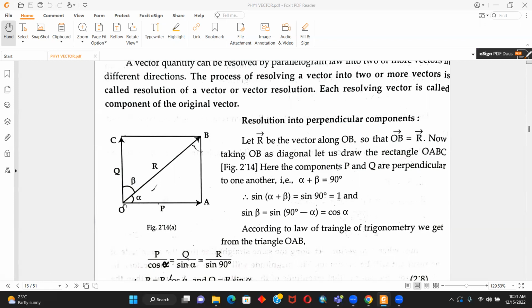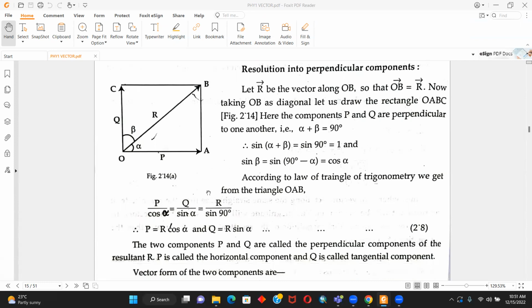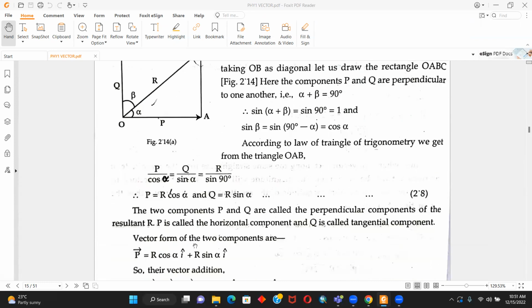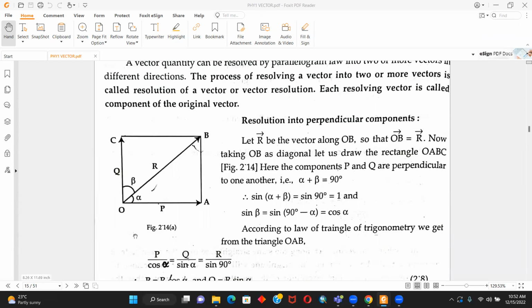So now we are going to take the angle between the x-axis and the resultant vector as alpha. So that will be R cosine alpha. What did I say? R cosine alpha would be our horizontal component, right? Understand my point? R cosine alpha will be our horizontal component.